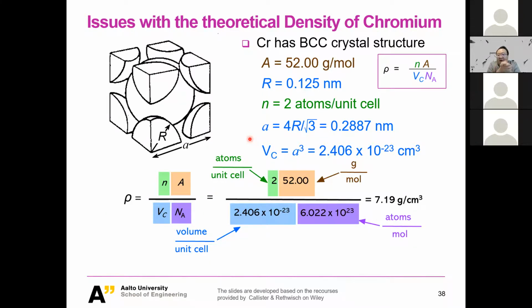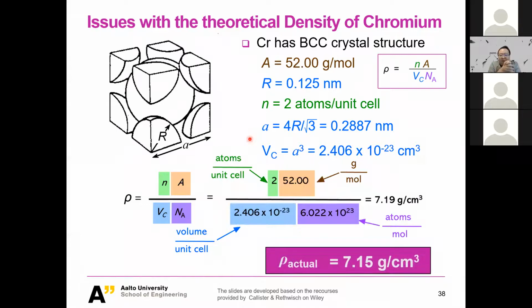And you got this value, 7.19 gram per centimeter cubed. I can tell you, in reality, the actual density of chromium, at room temperature, is 7.15 gram per centimeter cubed.